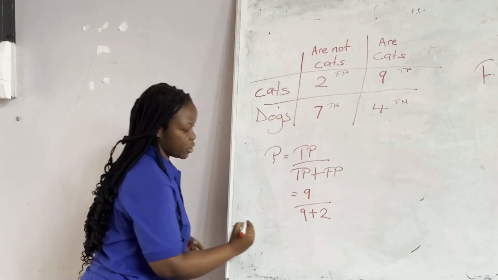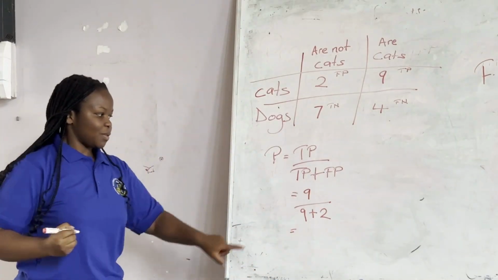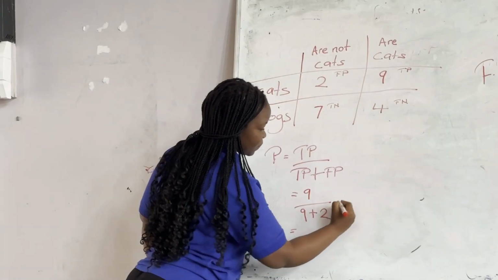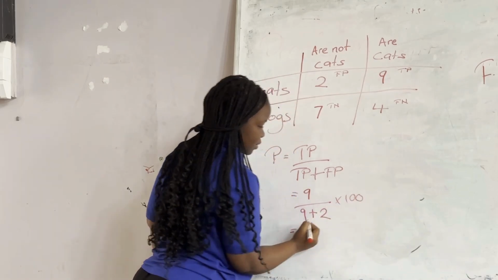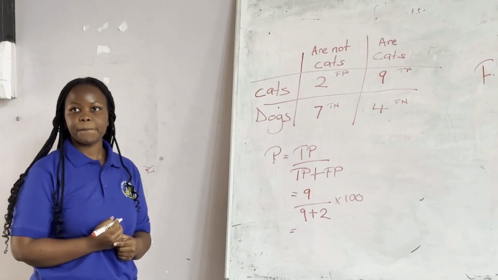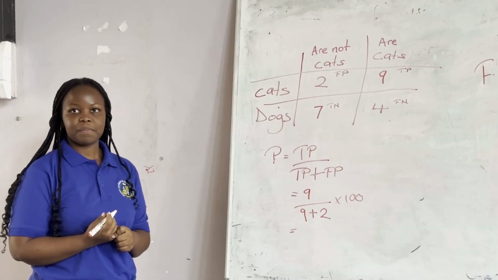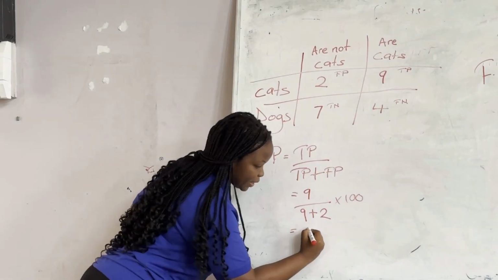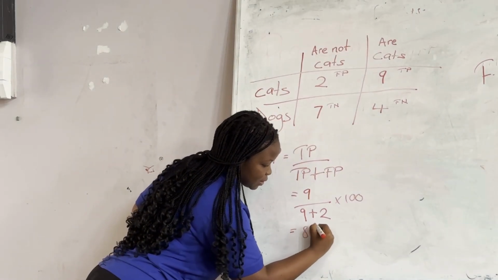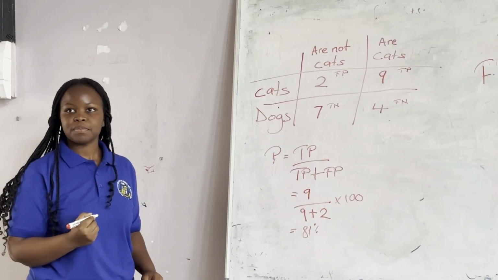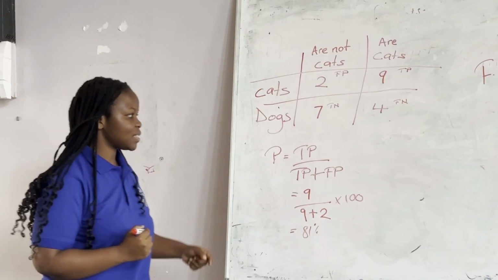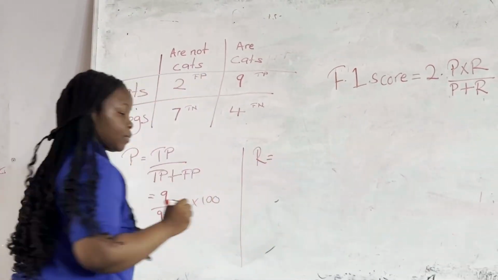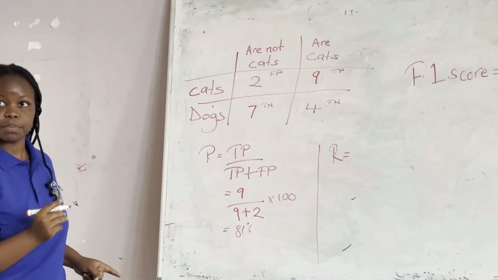It's basically what precision is trying to tell you. So 9 out of 11, times 100, should give you like an 81%. Is that right? 82%.